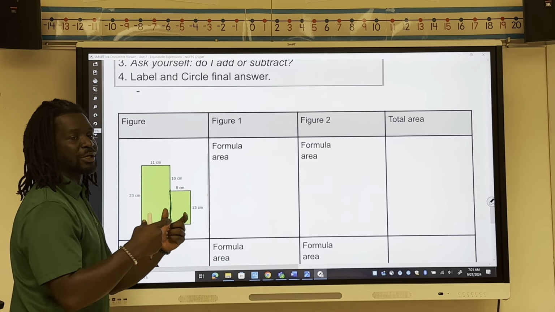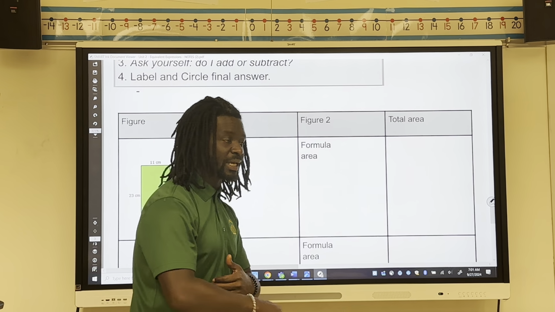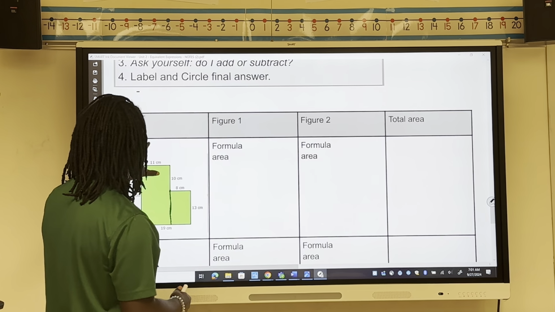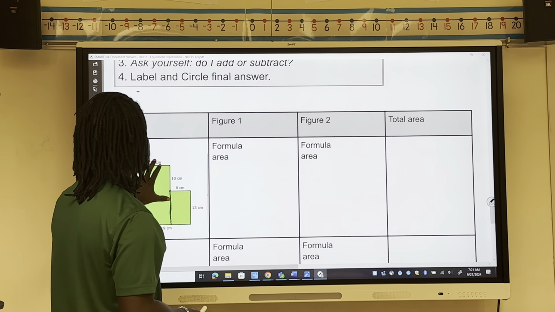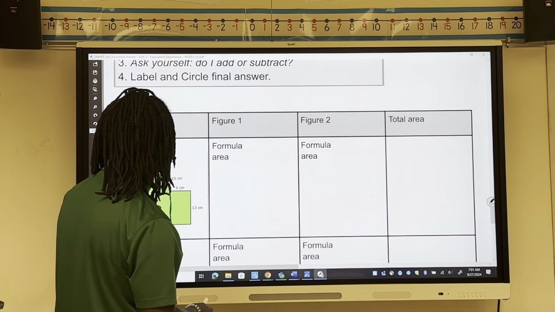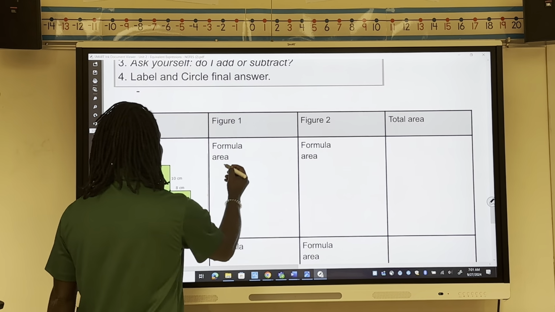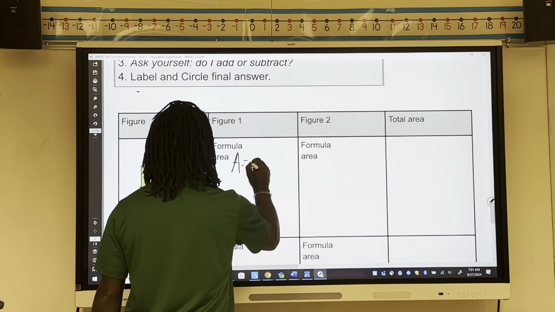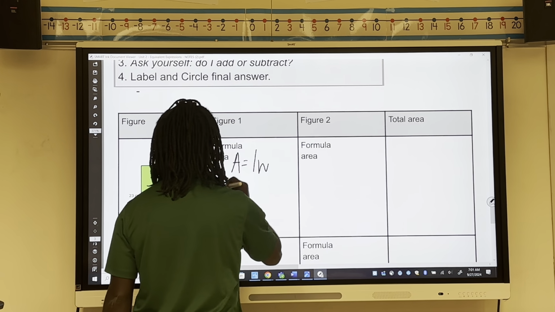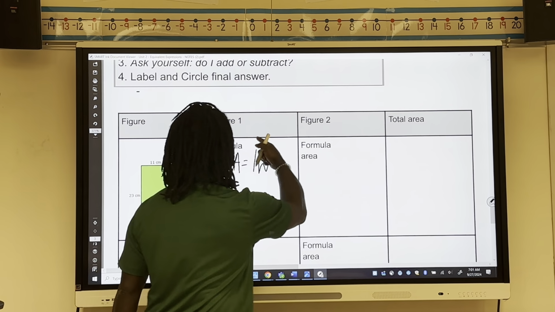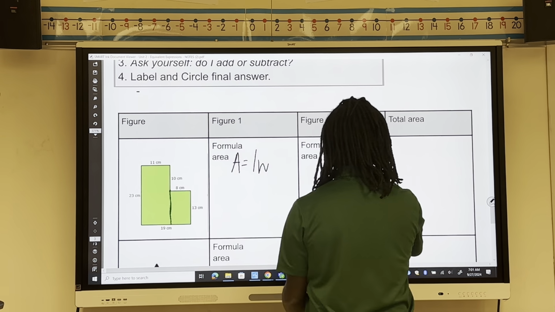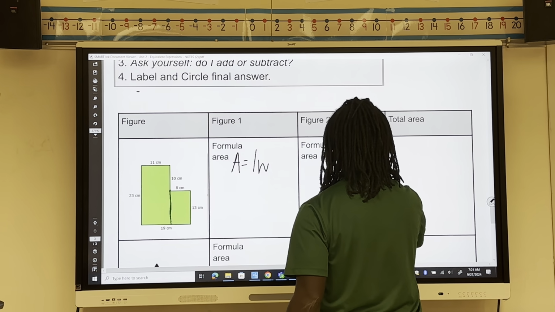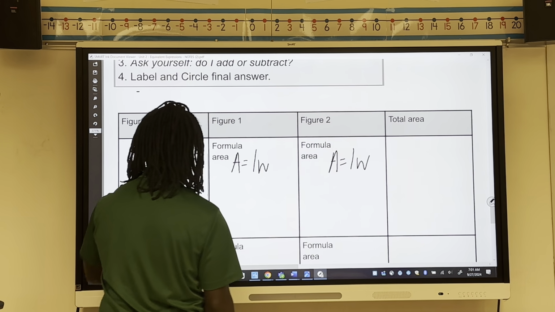I'm going to refer to my formula sheet and figure out what is the formula for the area of a rectangle. I know that area equals length times width. That's figure 1, and figure 2 is also a rectangle, so area equals length times width.